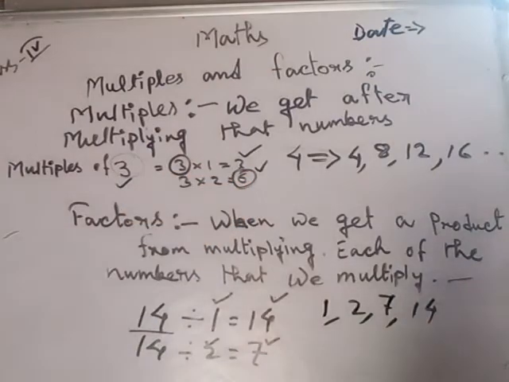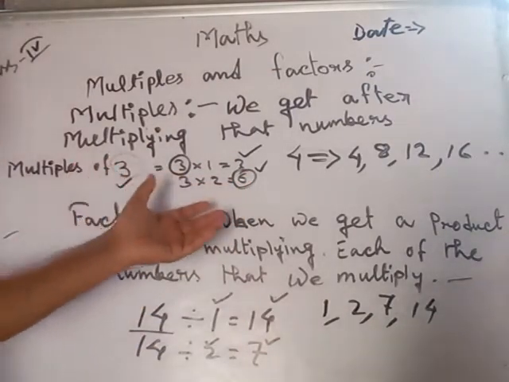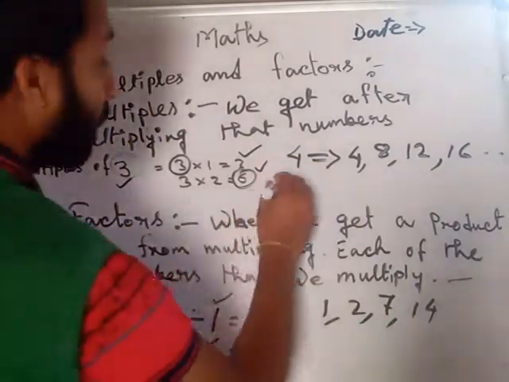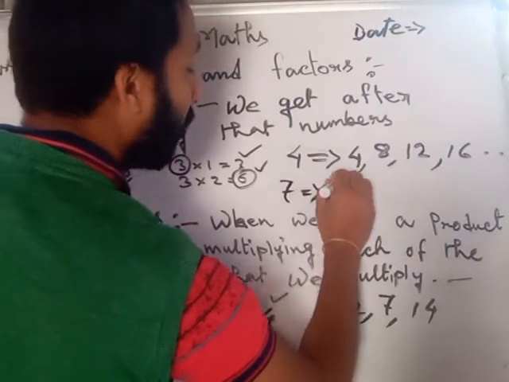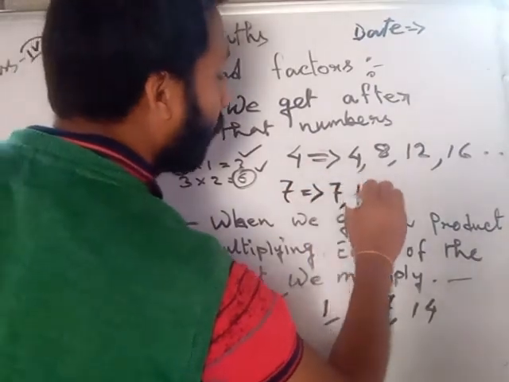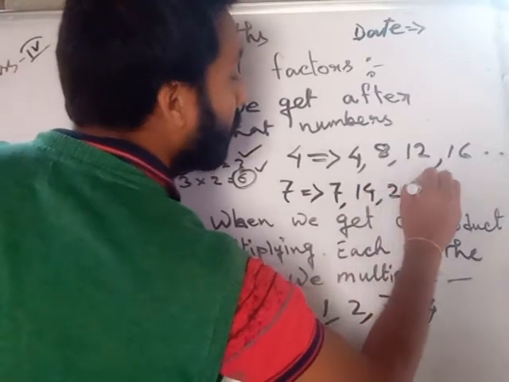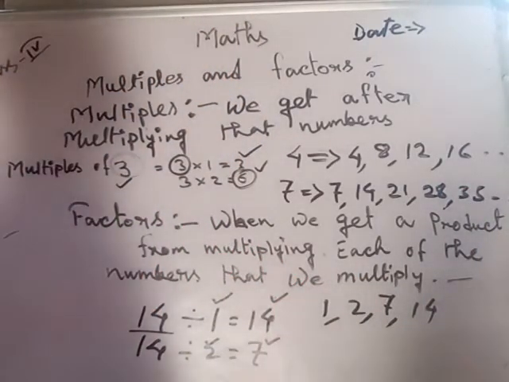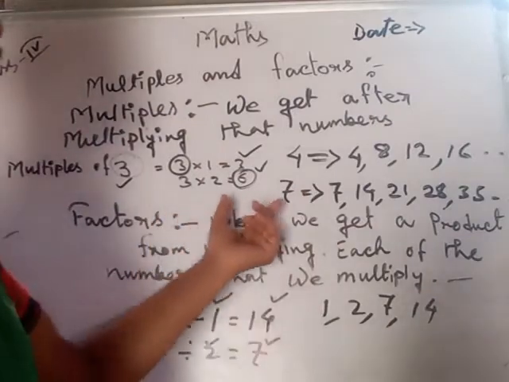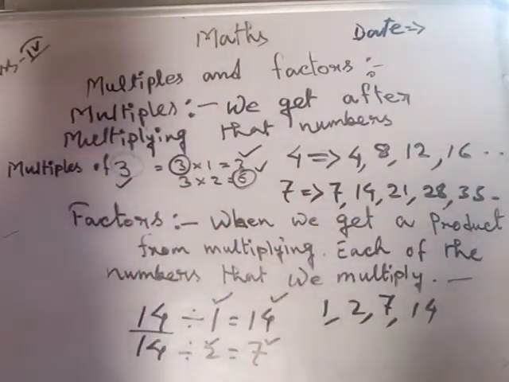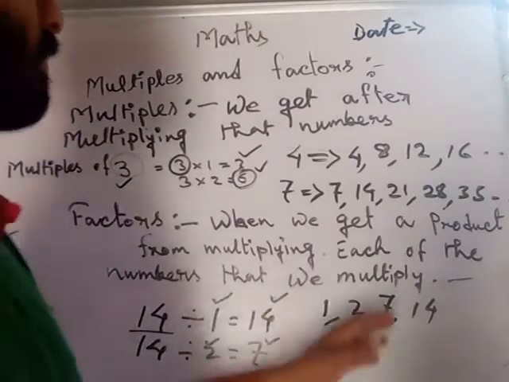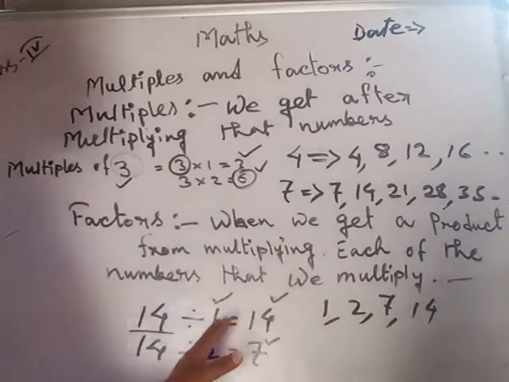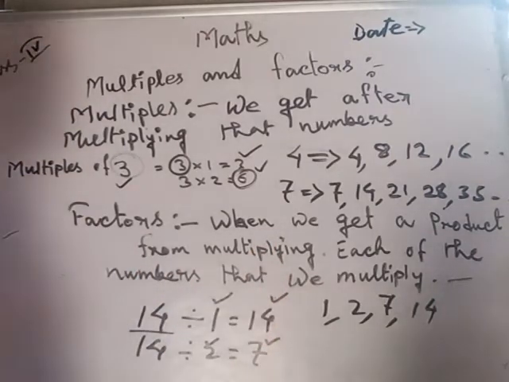Do you understand? And for multiples, that means you should multiply the number. Suppose it is 7. The multiples of 7 are 7 ones are 7, 7 twos are 14, 7 threes are 21, 7 fours are 28, 7 fives are 35, etc. That means the number of multiples is infinite, it goes on, but the factors of a number are definite or limited.